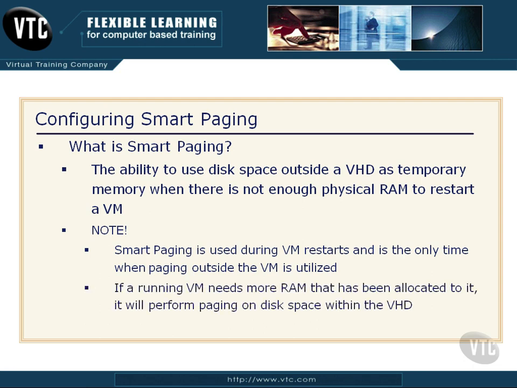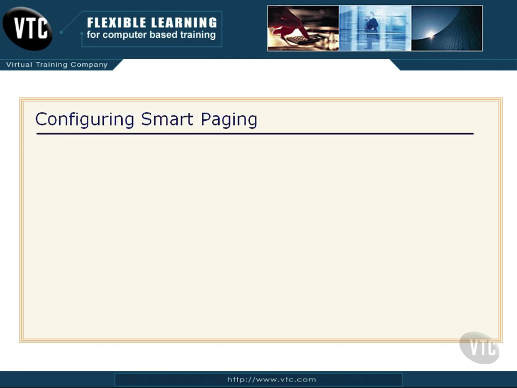All other times, once that virtual machine is running, it has started up or it has restarted, if it needs more RAM than what's been allocated to it, or if it starts to run low on RAM and it can't get any more from the hypervisor, it will perform paging on the disk space within the virtual hard disk. So smart paging happens only when we have a restart that doesn't have enough memory, and it will page onto the host operating system's disk.